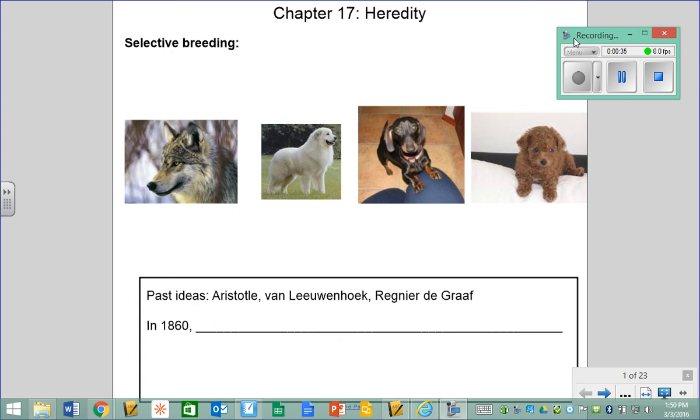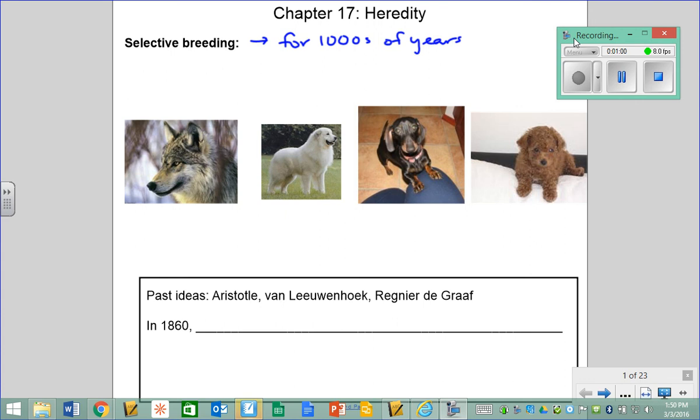Selective breeding has been happening for thousands of years. So this is not a new-fangled technology that is based on some discovery that we've made about DNA. Selective breeding has been happening for as long as humans have been breeding animals, basically. And it could be animals or it could be plants.